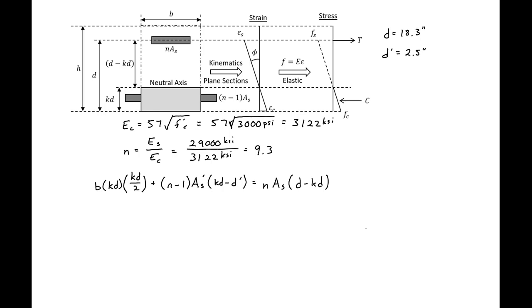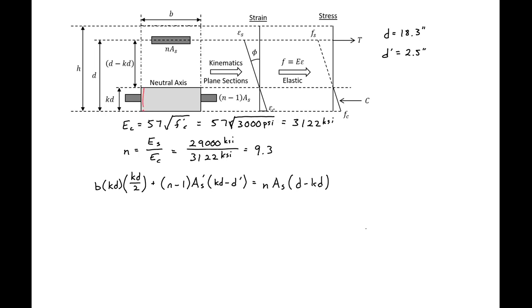We next need to find our kd, and we'll do that by summing our areas above the neutral axis times the distance from the neutral axis to the centroid of that area, and setting it equal to the areas below our neutral axis times the distance from the neutral axis to the centroid of that area. So we have 3 areas.